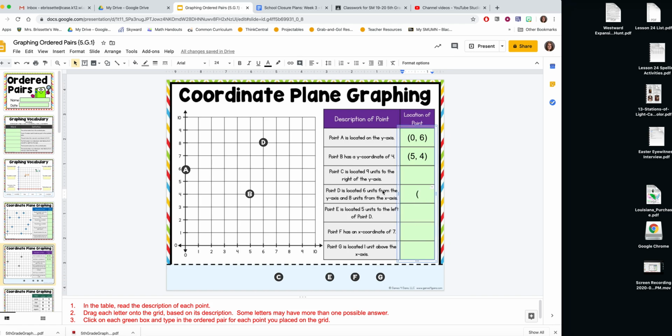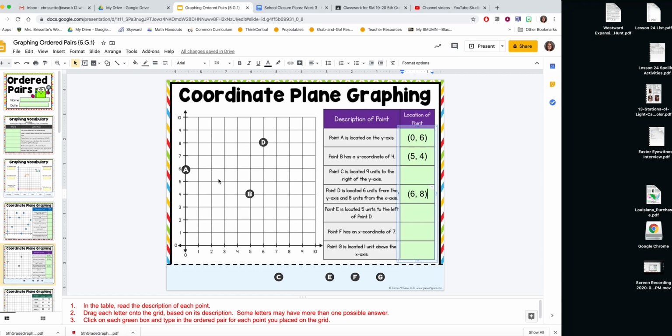Point D is located 6 units from the y-axis, so I have 6 units away from the y-axis, and it says 8 units away from the x-axis, so I'm correct there. All right, let's do our x-coordinate. My x-coordinate says it's on the 6. My y-coordinate says it's on the 8. So I am done with that point.